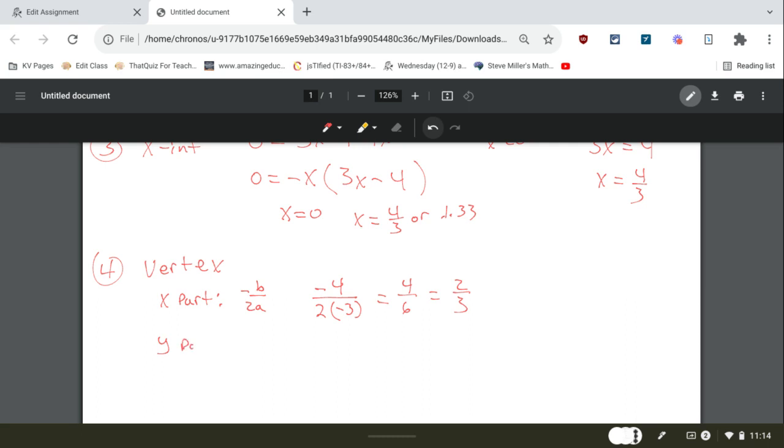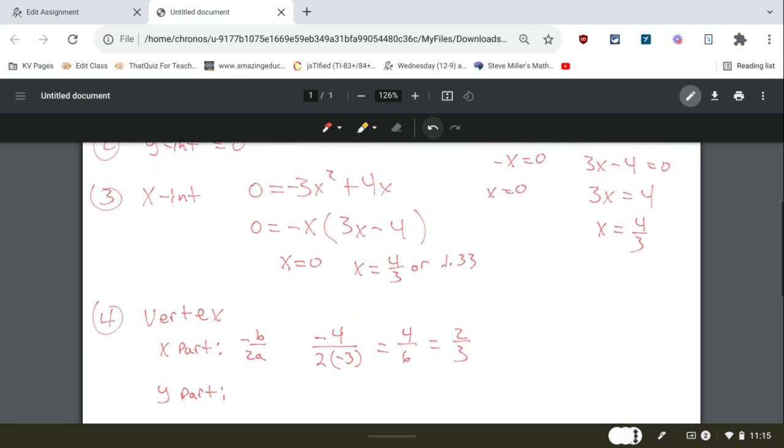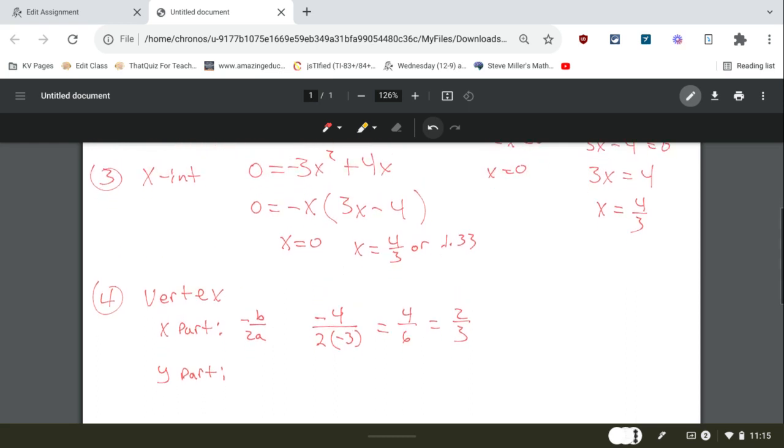And then to find the y part, take that 2/3, your x part, and plug it back into the function. So it's going to be negative 3 times 2/3 squared plus 4 times 2/3. You could figure out all this stuff by hand, of course, but I got my calculator.